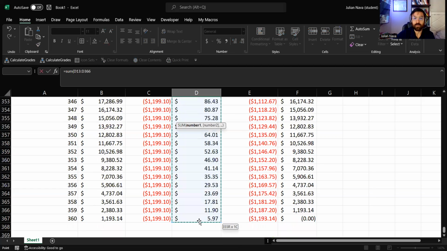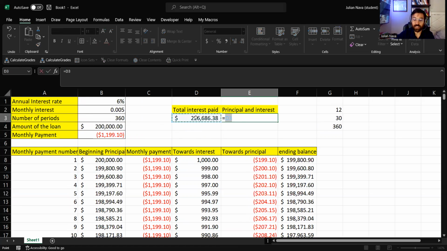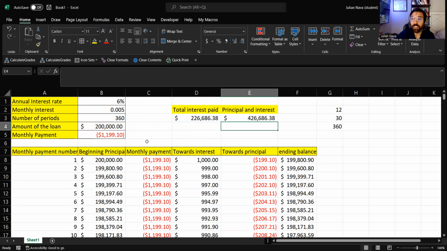Look at how much interest was paid on that loan. You pulled out a $200,000 loan and you had to pay $226,000 plus the principal.